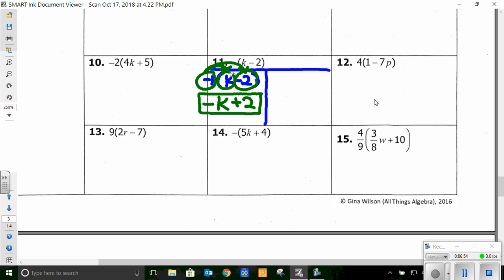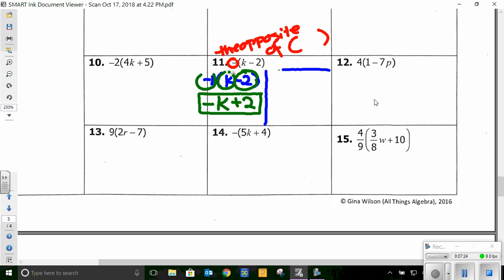The second way that I can do it, and let me erase just a little bit so we can see our original problem, is I can just think about that negative sign on the outside as saying that everything on the inside is the opposite of what it is. This sign right here means the opposite of whatever's on the inside of my parentheses.